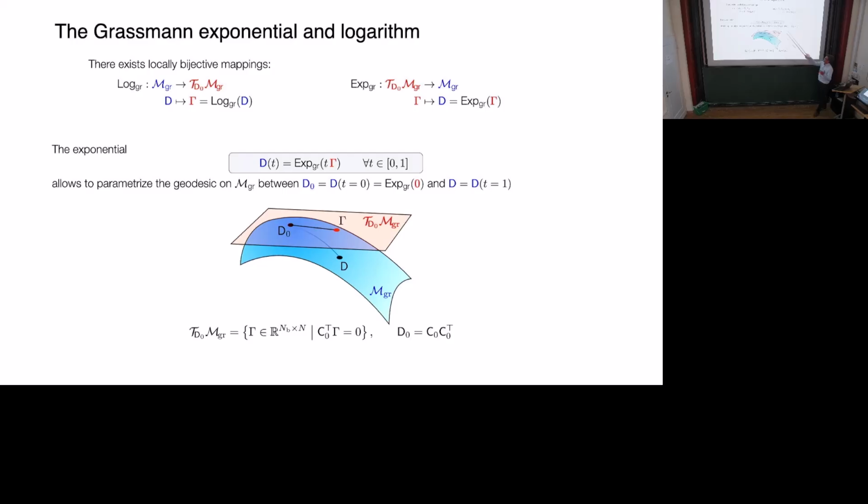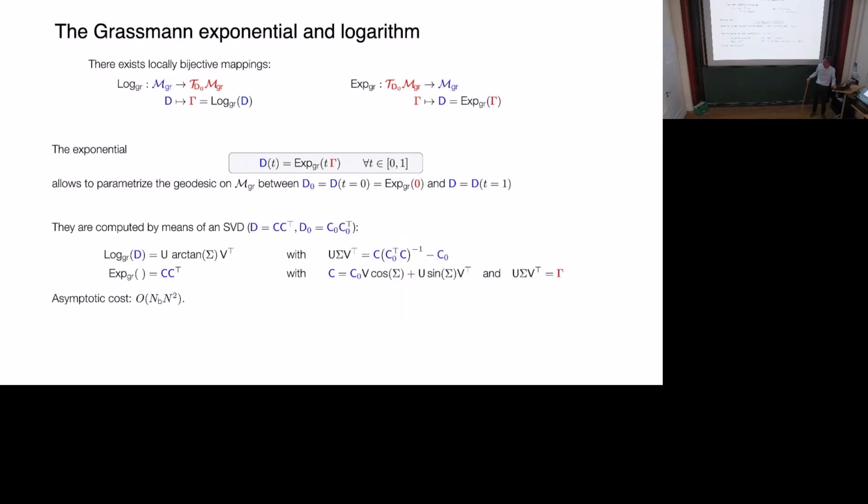And these are not just tools from pure mathematics that you cannot apply, but you can compute this logarithm and exponential by means of singular value decompositions. So it's costs like n to the third. So compared to SCF, it's actually cheap.